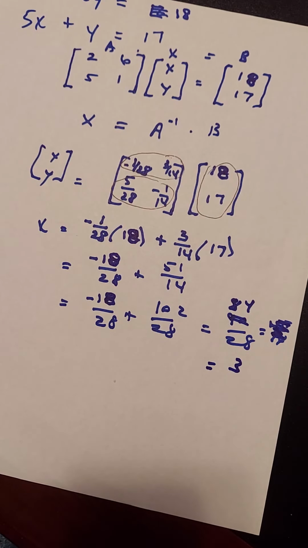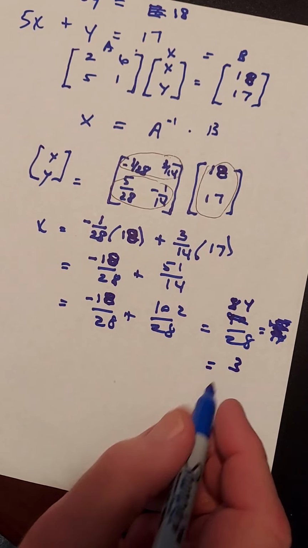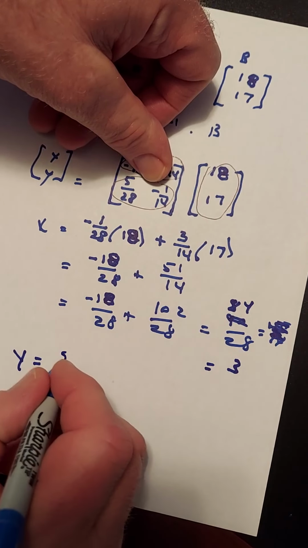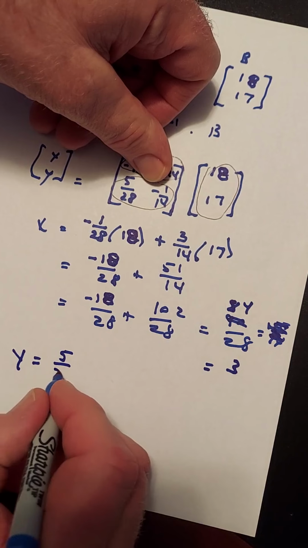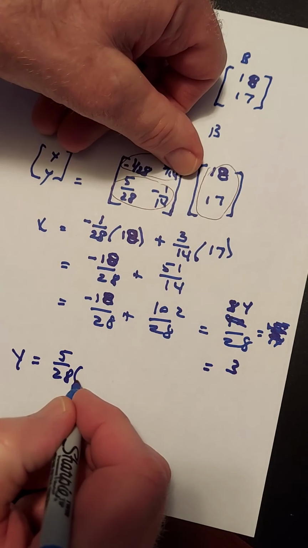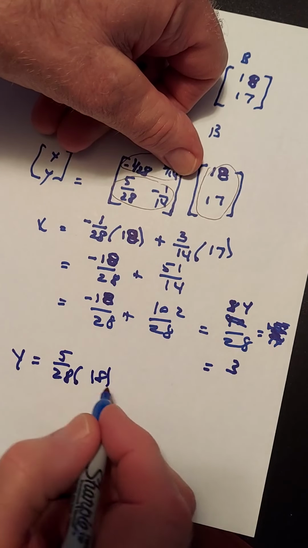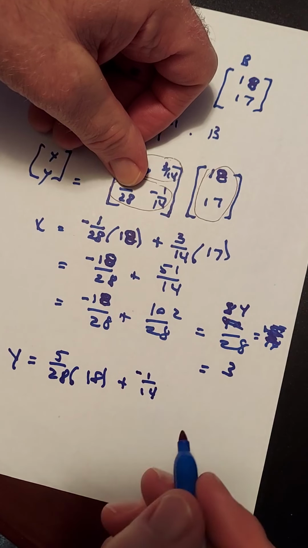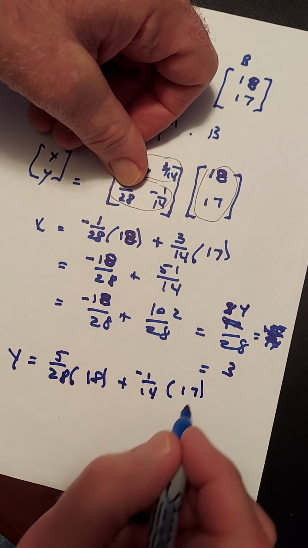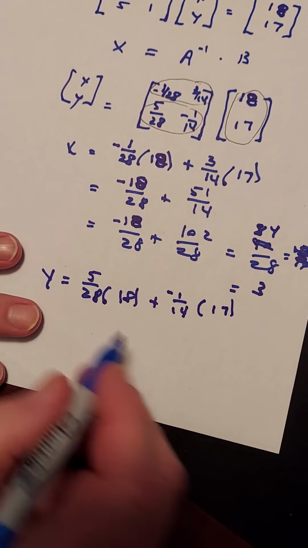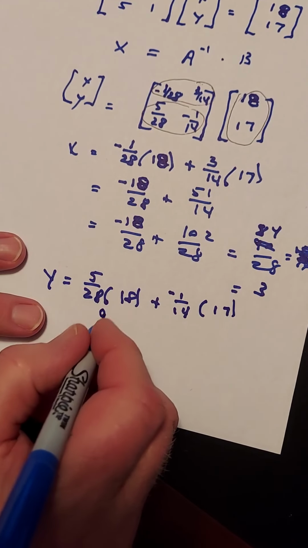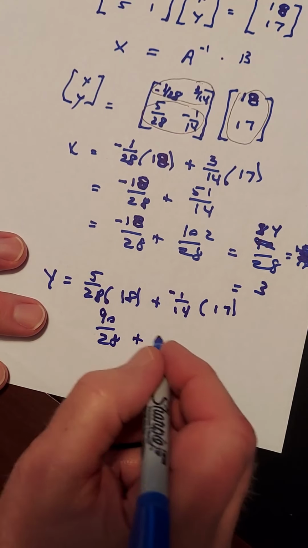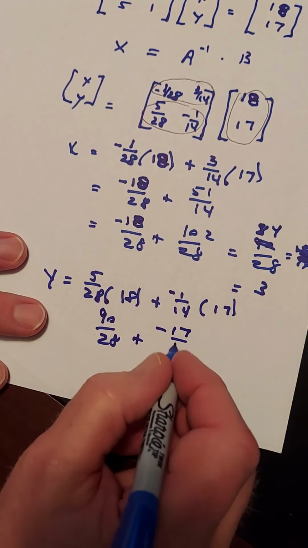Sorry about that. Okay, so that's x. For y, I'm going to take the second row here, so that's 5 over 28 times 18 plus negative 1 over 14 times 17. 5 times 18 is 90. That's 90 over 28. Plus, actually it's a negative 17 over 14.